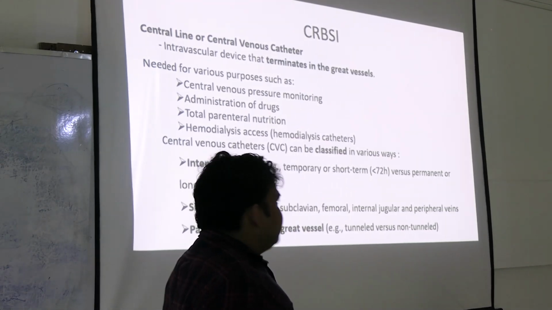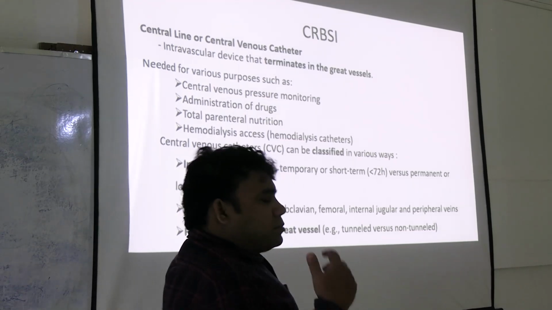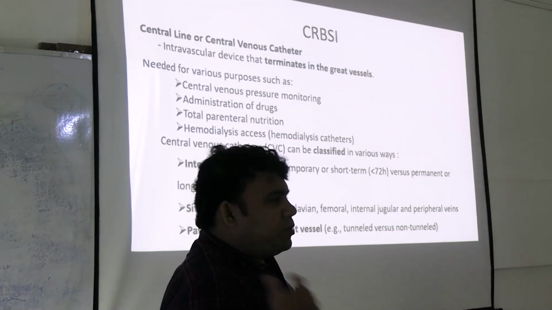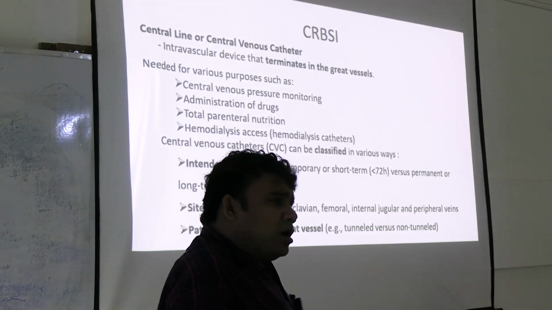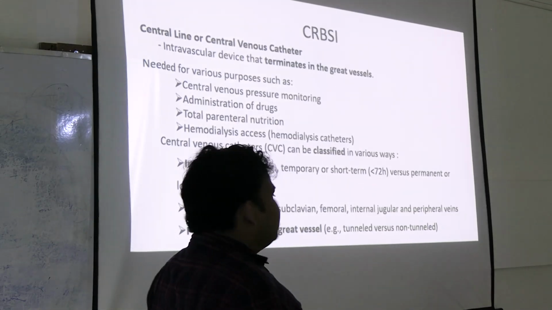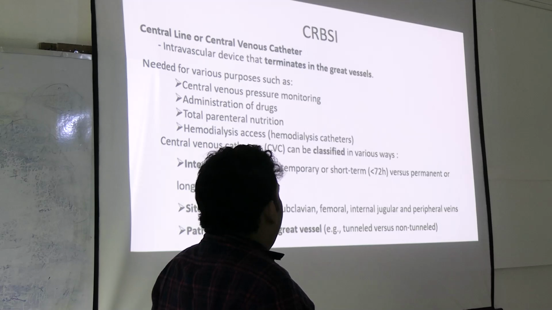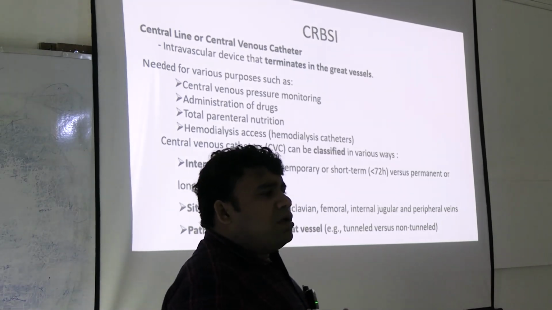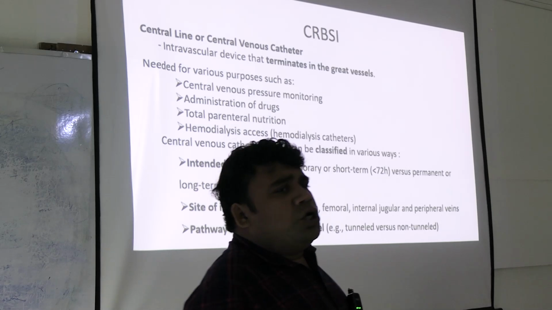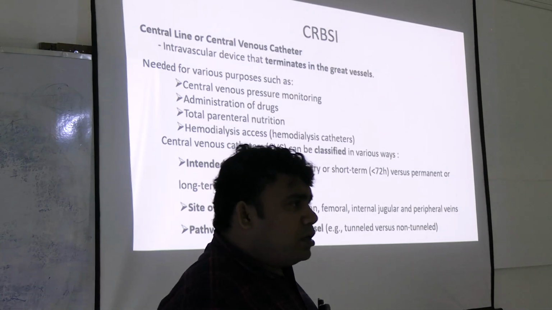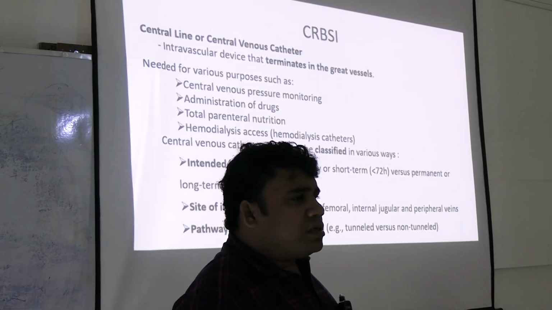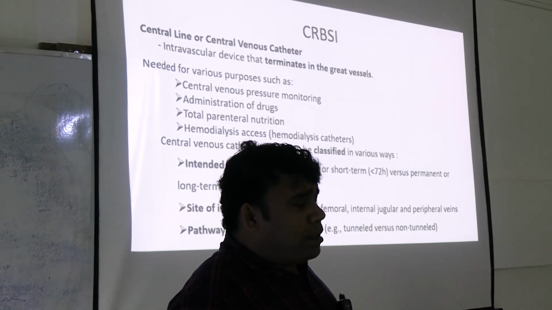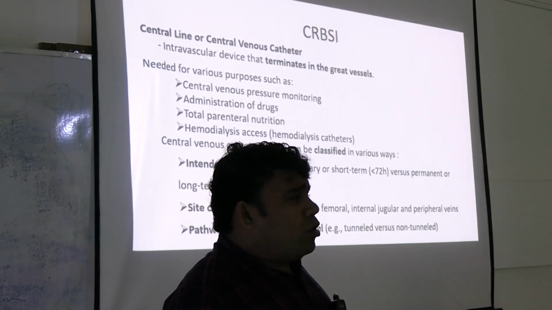There are many types of central line. It could be placed in the jugular. It could be tunnel, could be non-tunnel, could be peripherally inserted. Now, why are these required? Especially in patients who are very severe or critically ill, we need to monitor various parameters of the body like invasive blood pressures, or we have to give some drugs like noradrenaline.